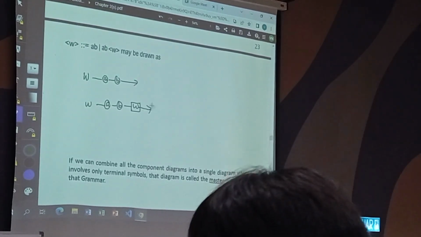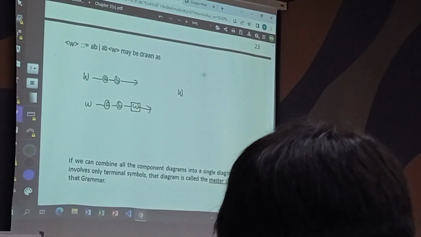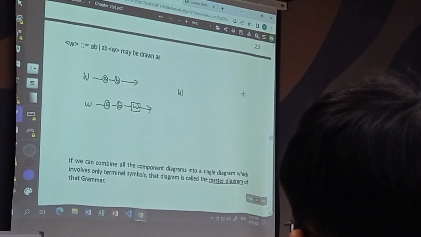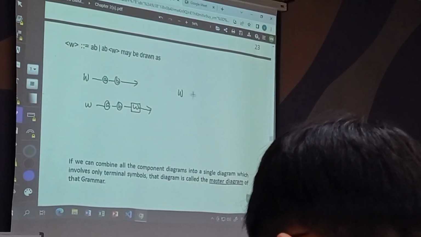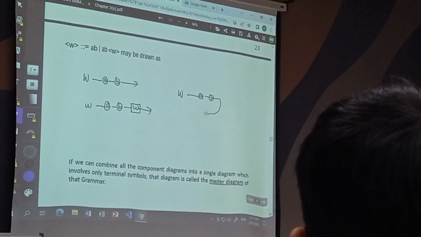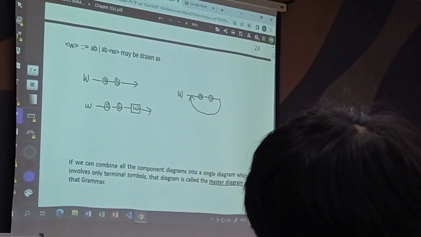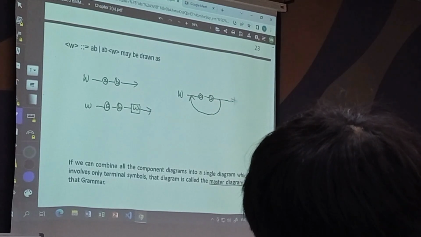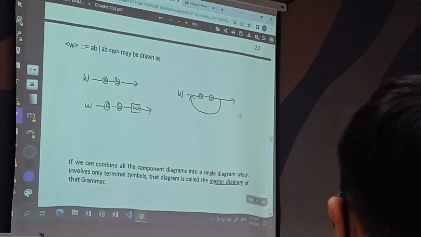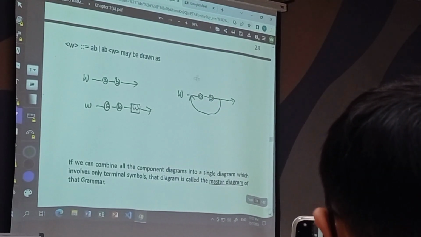You can combine them together also. If you want to combine, how do you draw? A, B, go back. Go out, right? If you don't want to go out from here, you can also go out another way up here, then draw another AB.